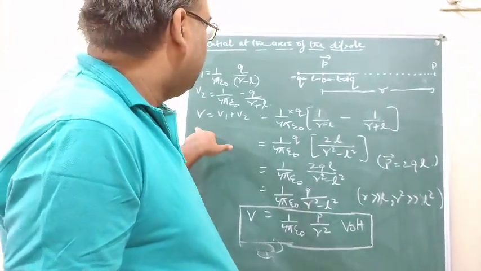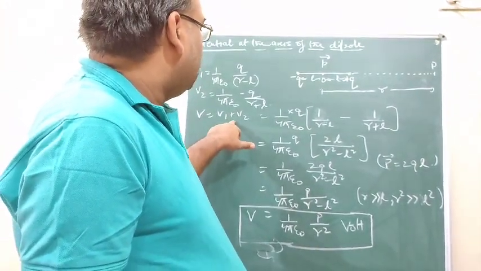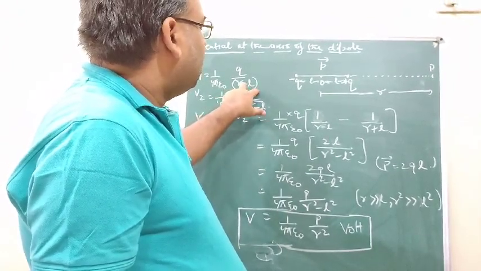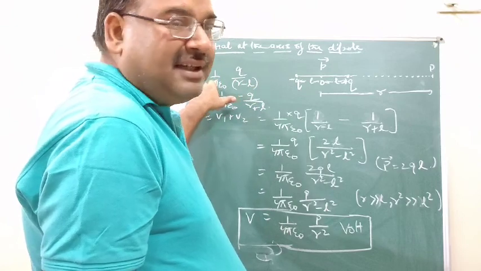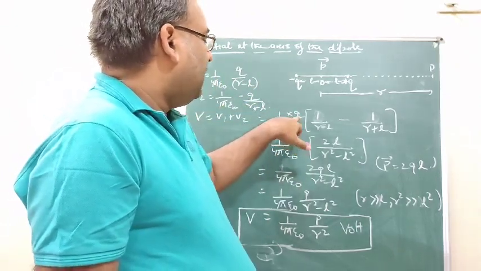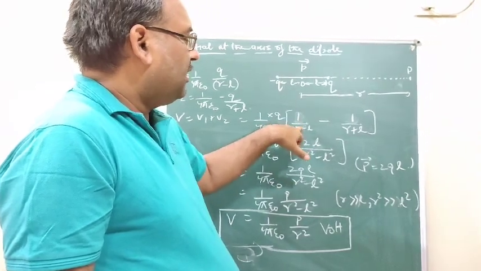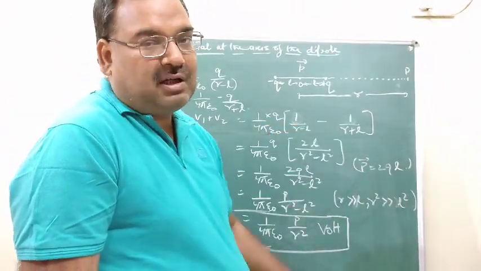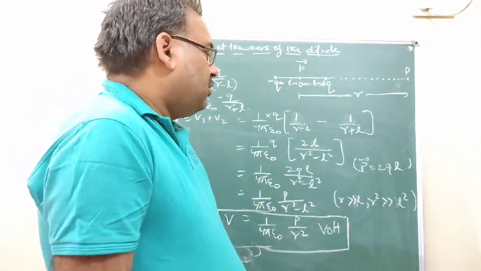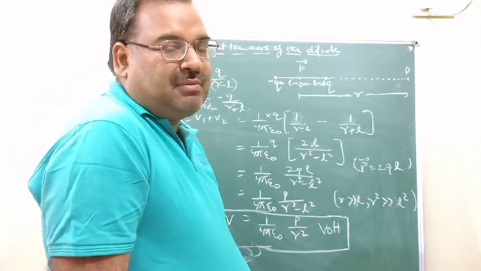So, V is equal to V1 plus V2. Now, R minus L is a smaller quantity, so the value of V1 will be greater. So, we write here 1 upon 4 pi epsilon naught into Q, 1 upon R minus L minus 1 upon R plus L. On solving, what do we get? Q upon 4 pi epsilon naught, 2L upon R square minus L square.